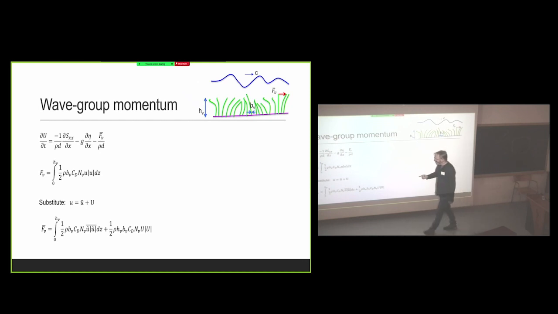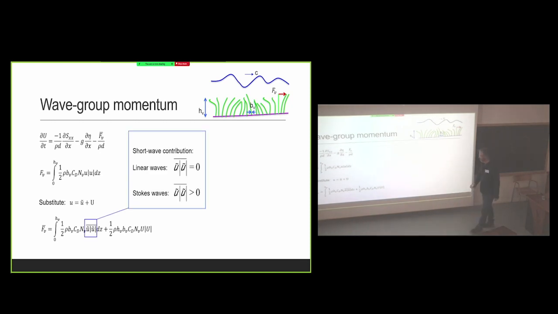And so what I'm going to do is take the velocity and split it into, let's say, the infragravity and mean velocity and the orbital velocity, and substitute it into this drag force. Then you get two components, one related to the waves, and one related to the mean and the infragravity velocities. And now the wave skewness and asymmetry comes in.